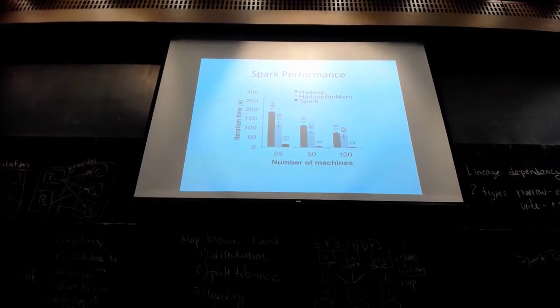That gets you a big win. Second, no checkpoints between operations, so don't write all the intermediate data out between operations. Instead, use this notion of RDDs to be able to recompute things. And the third one is that they try to schedule computation near data.